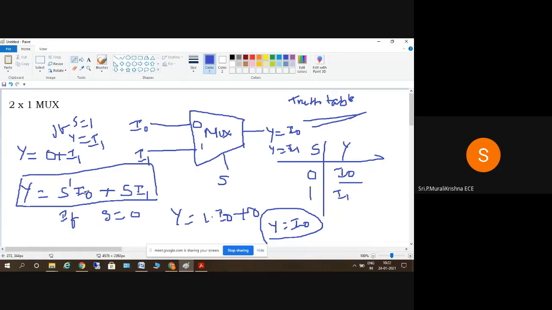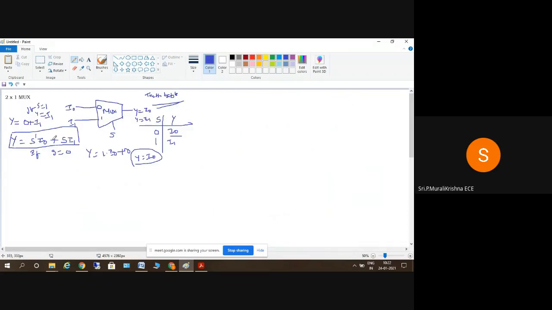So now I'll draw the circuit diagram for this. Y is equal to S dash I0 plus S I1.